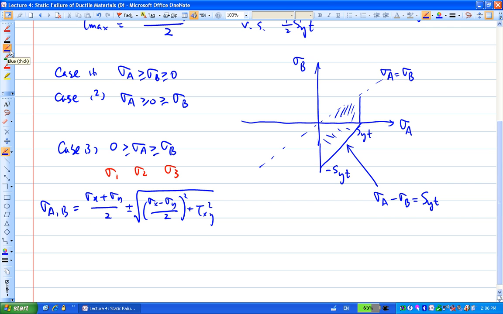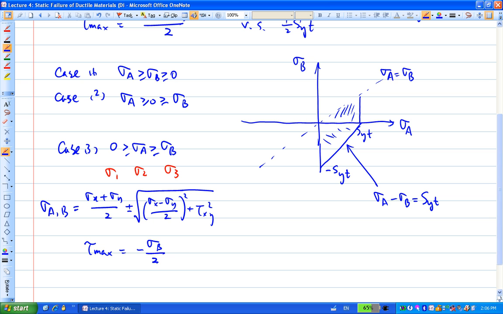Then according to the MSS theory, we need to get the maximum shear stress. For the number 3 case, your tau max is (sigma 1 minus sigma 3)/2, so that's (0 minus sigma B)/2, which is negative sigma B over 2.